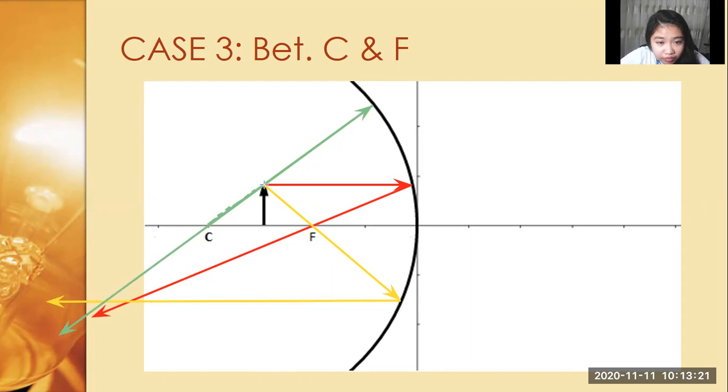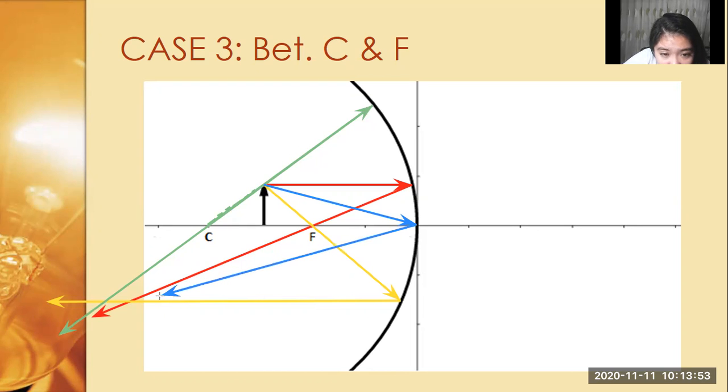Okay. And so our angle here is 10, 15, okay, we're at 15.